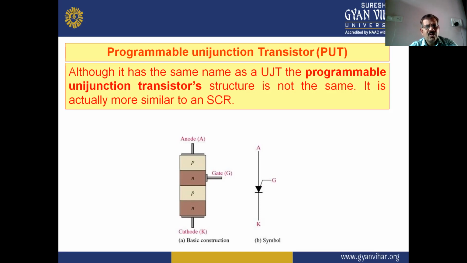It is actually more similar to an SCR, or silicon controlled rectifier. The basic structure or construction of the PUT has four layers in total: P layer, N layer, P layer, N layer, and three terminals. One is the anode, the second is the cathode, and the third is the gate. The symbol of this PUT transistor is shown in this second figure here.